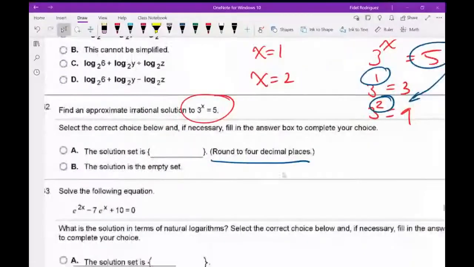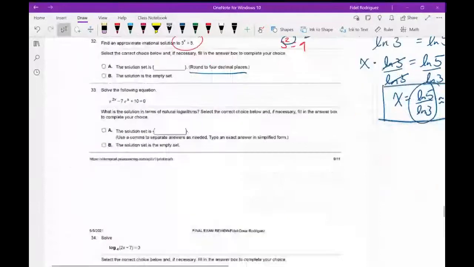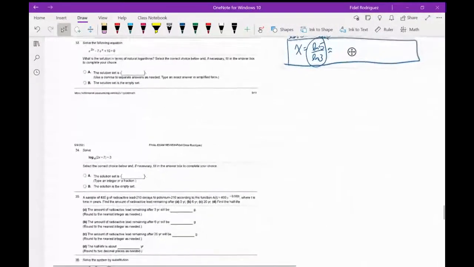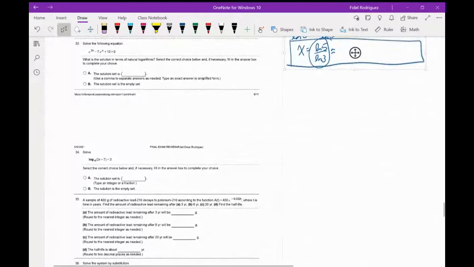So let's see. Let's go back to our notes. And let's see if we have any other questions here. Okay, so that was number 32. Anybody have any questions like 33, 34, or 35? Any of those that anybody might have? We can go over any of those.